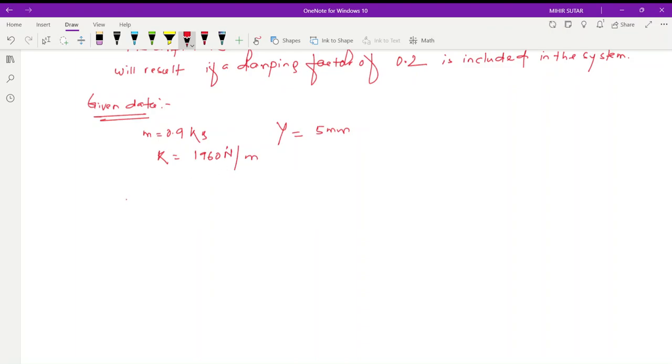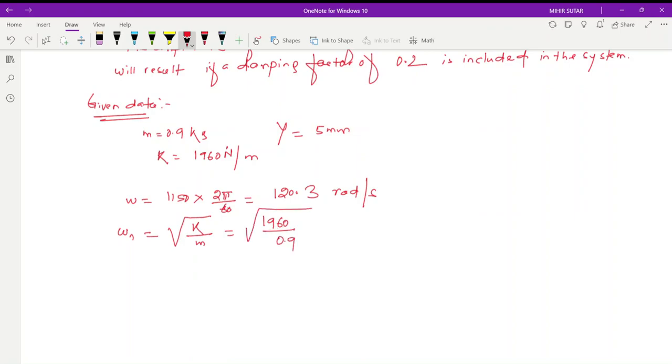Okay, so we can have this omega as 1150 into 2 pi by 60, that is 120.3 radian per second, and the natural frequency omega n will be root over of k by m. So 1960 by 0.9 root over, as 46.7 radian per second.